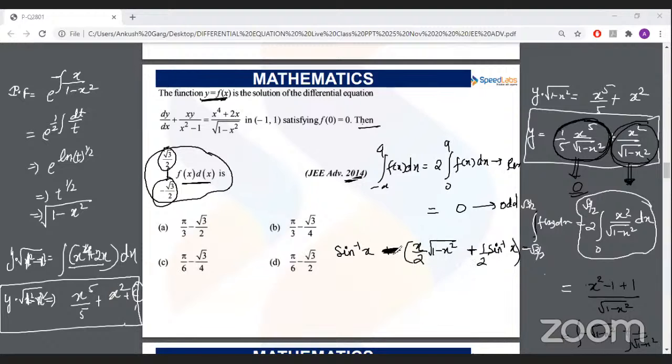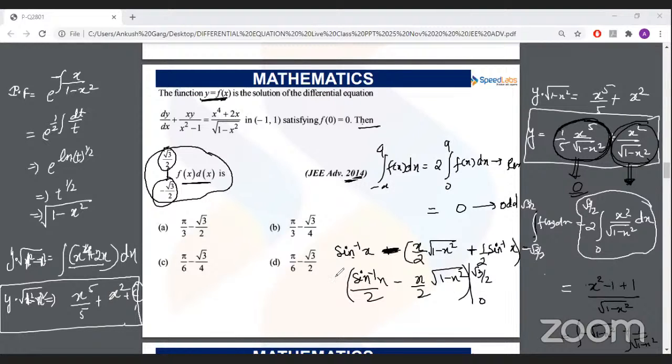So sine inverse x minus 1 by 2 sine inverse x gives sine inverse x by 2 minus x by 2 under root 1 minus x square, with limits from 0 to root 3 by 2.